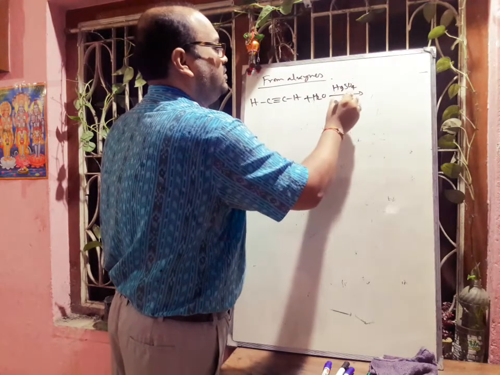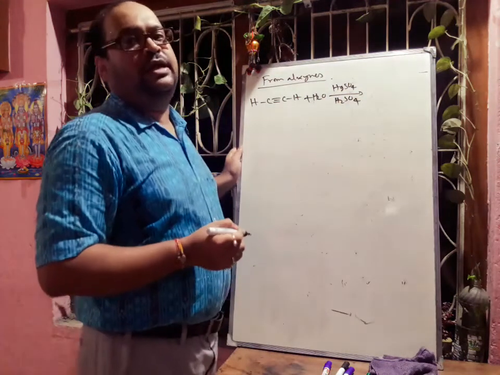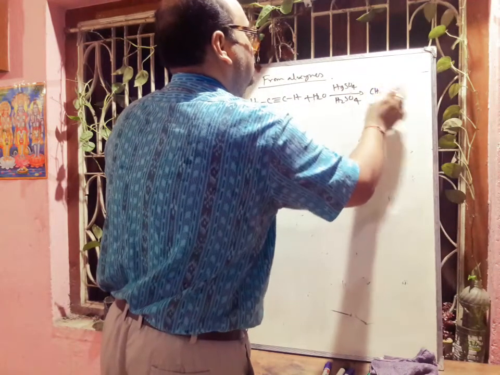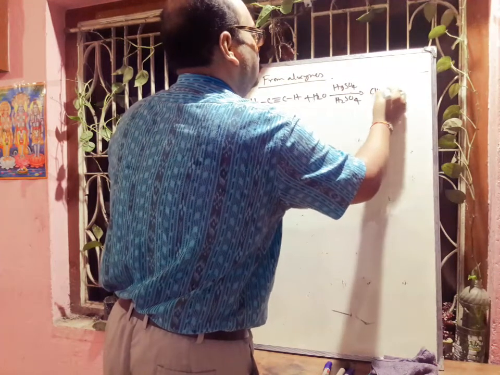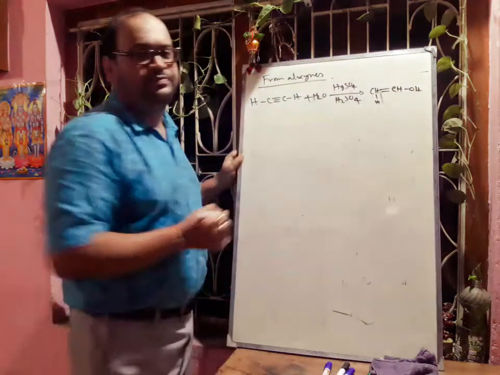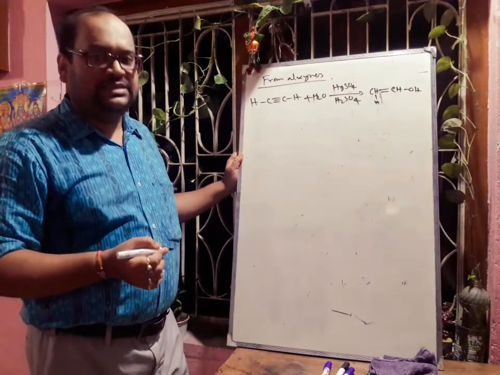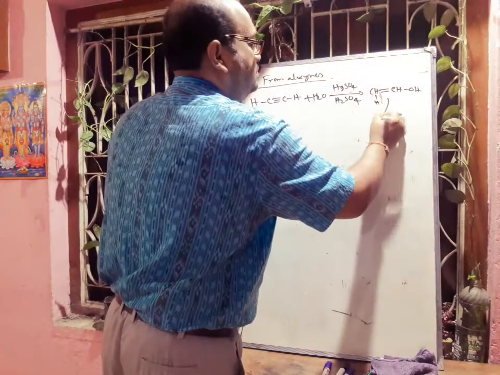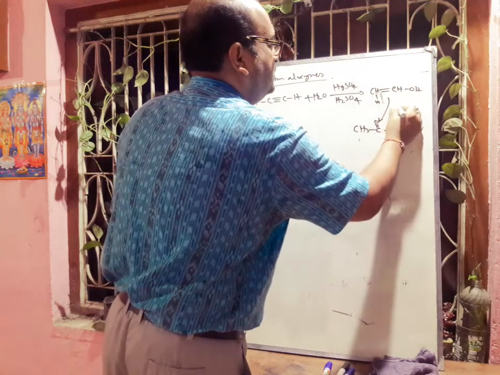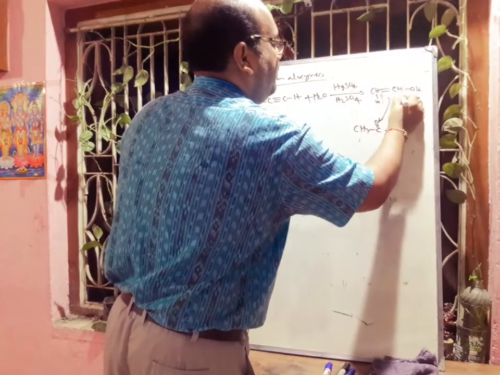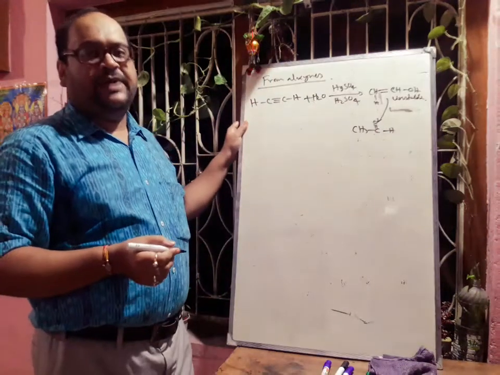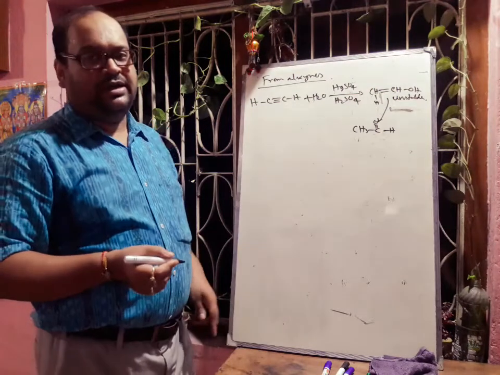Then there will be addition of water, giving CH2=CHOH, and this is unstable, and this will convert into the corresponding aldehyde, this acetaldehyde. So in this way, from acetylene we can prepare aldehyde, and this is also one type of rearrangement.